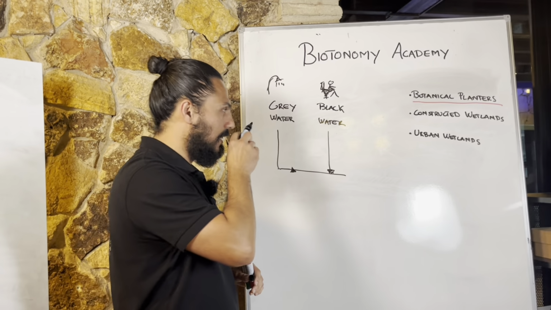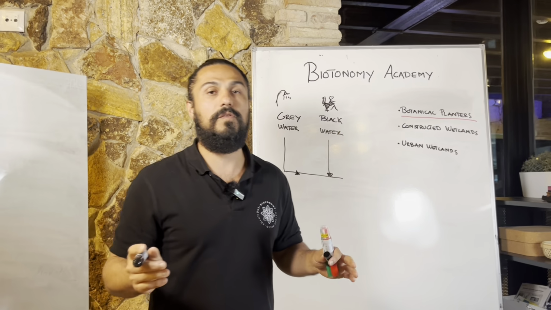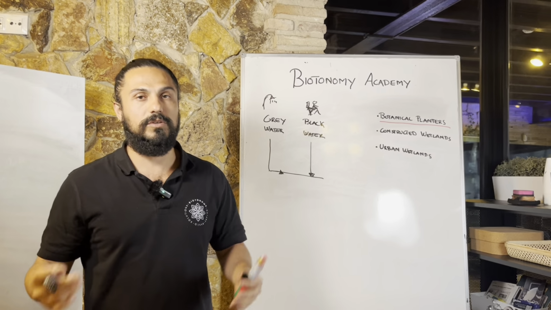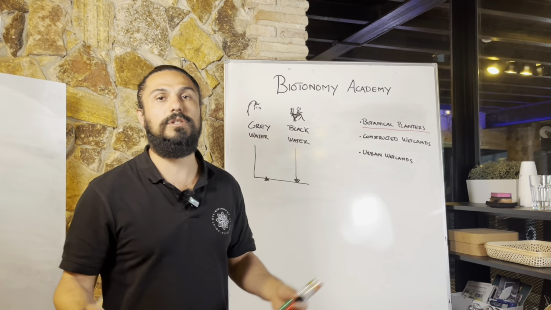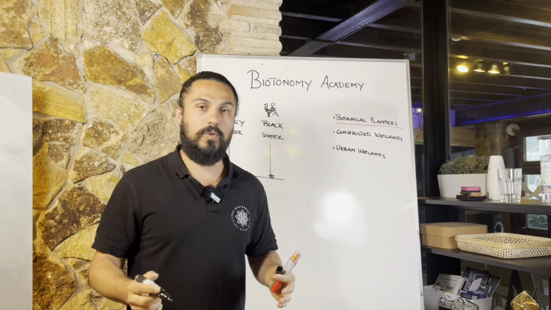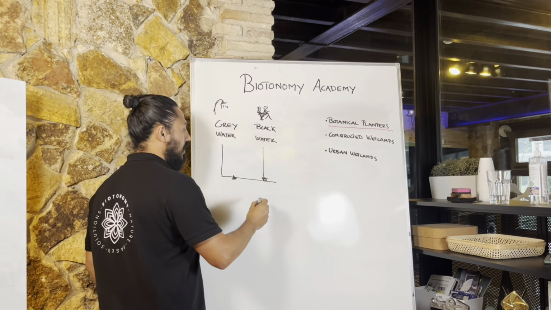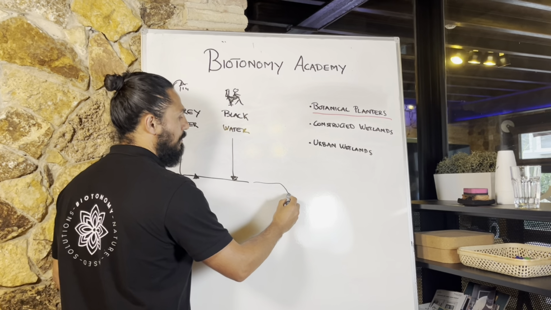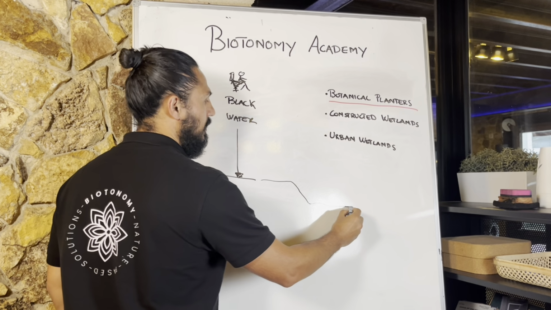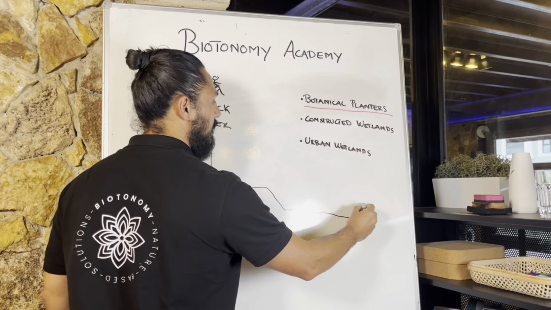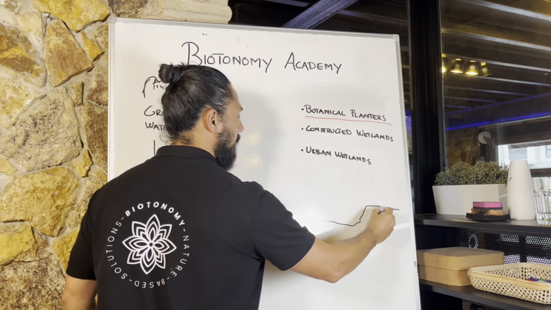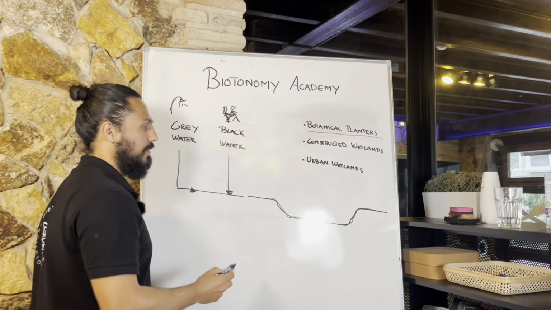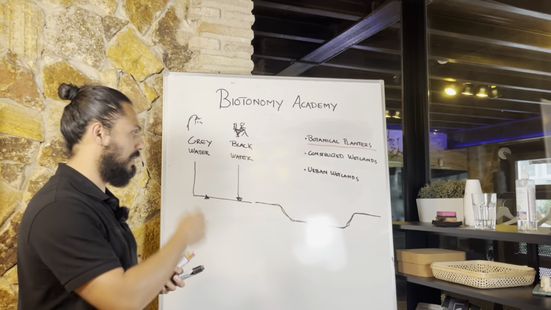A constructed wetland is basically a mimic of a natural wetland. A wetland is a part of our ecosystem that helps to treat water in the natural world. So the way a wetland works is that it's basically a big basin in the landscape, like building a pond, to simplify it.